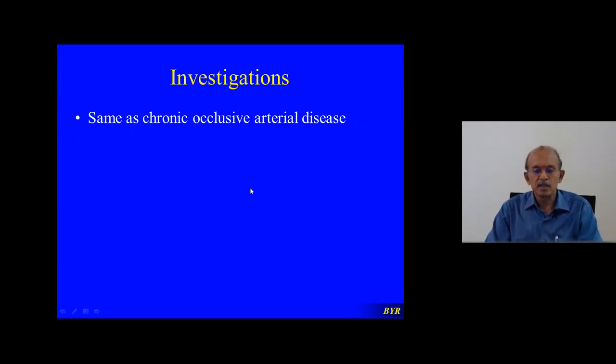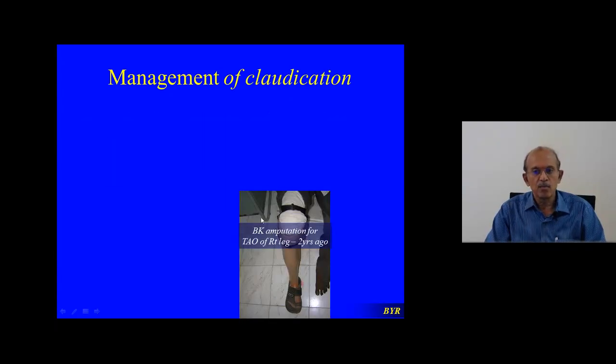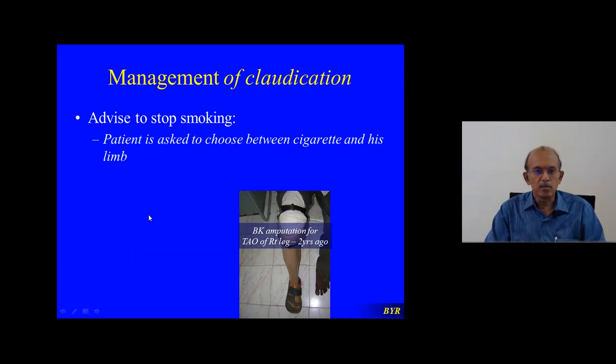Investigations are the same as for chronic occlusive arterial disease. Arteriography is not advised here because direct arterial surgery is not feasible in these cases. Management of claudication: advised to stop smoking.